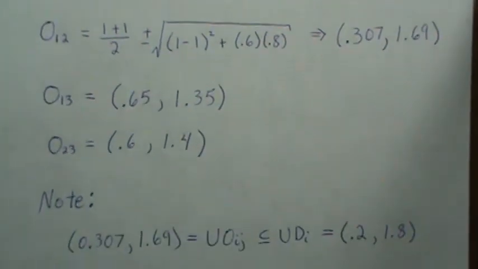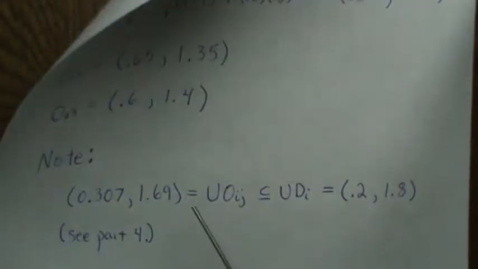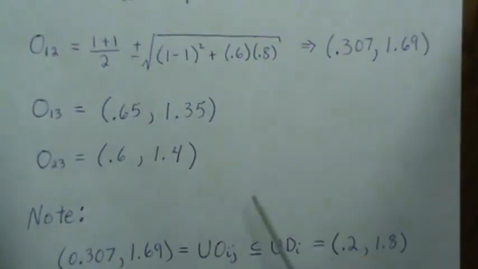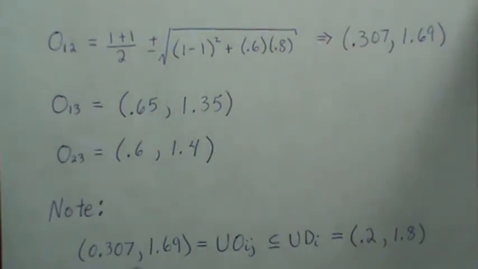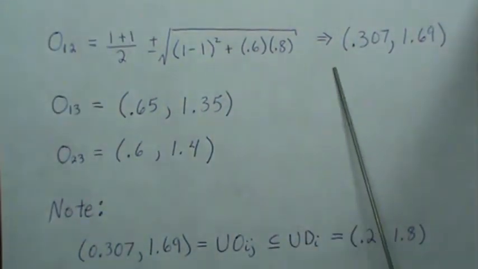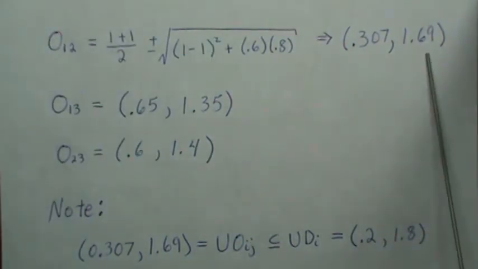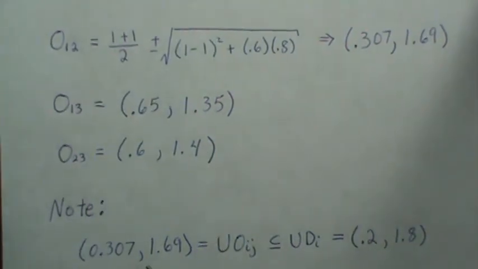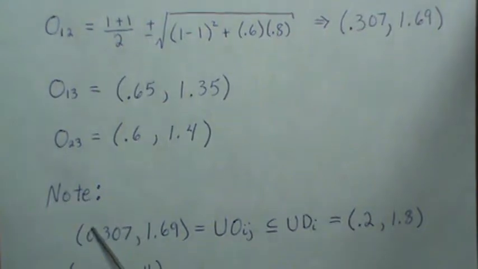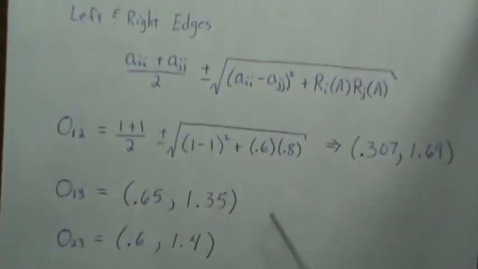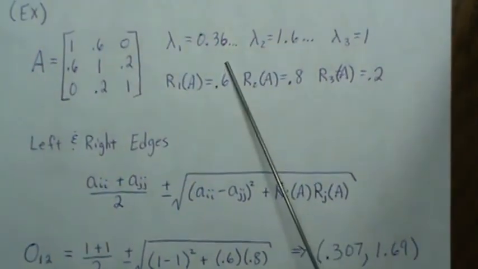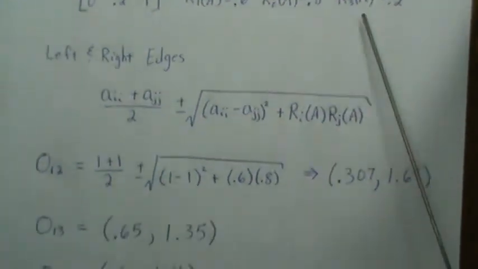Now, if we take the union of these three, we get this interval. This is the lowest there, and that's the biggest right there. And the eigenvalues have to be contained within this, and they are, clearly.